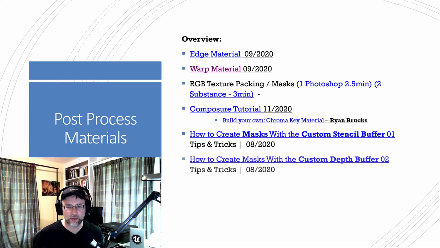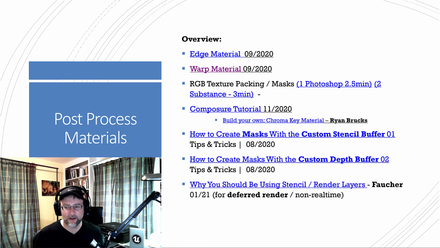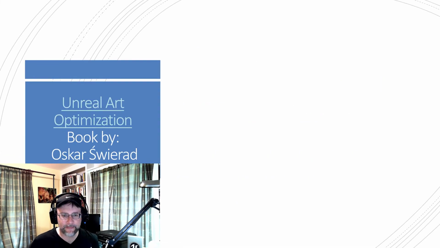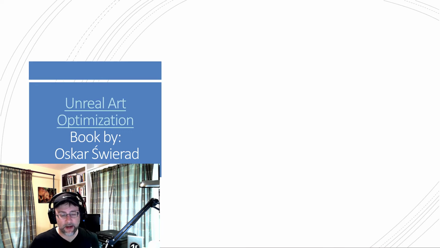There's two tips and tricks videos that Epic released. And also, if you're going to do deferred renders, the voucher video, and then also custom depth by Ryan Lawley. And then finally, Unreal Art Optimization, the book by Oskar Schvedet.